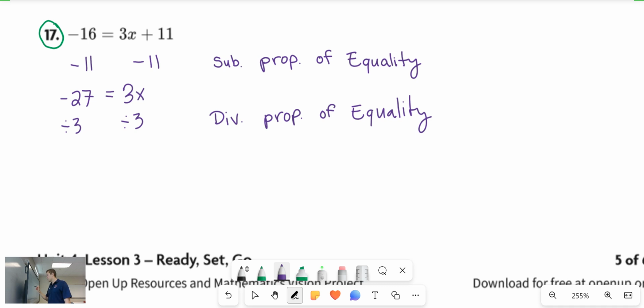All right, and now what's -27 divided by 3? That should be -9. And then 3x divided by 3 should just be x. So -9 equals x. Perfect.